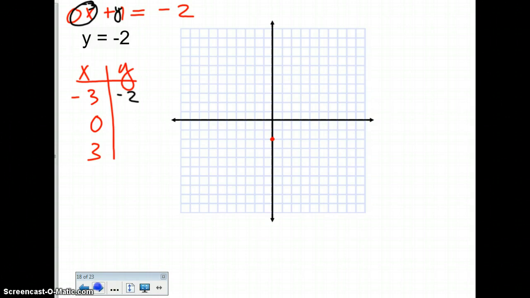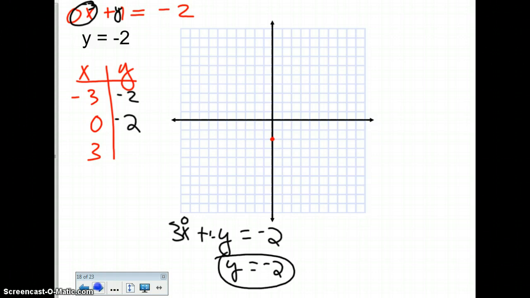Then when I go back to the equation of 0x plus y equals -2, and for x I put in 0. 0 times 0 is 0, and we're left with y equals -2. And if I were to put 3 in, where a would be in our standard form, and keep in mind x is 0, because 3 times 0 is 0, and we're left with y equals -2 again.